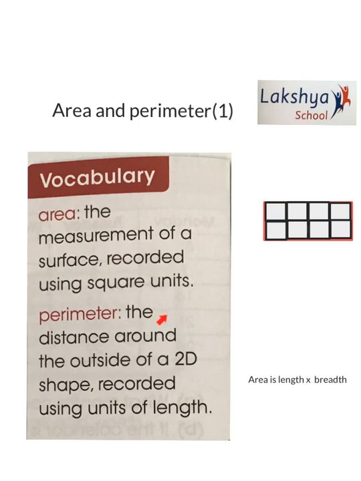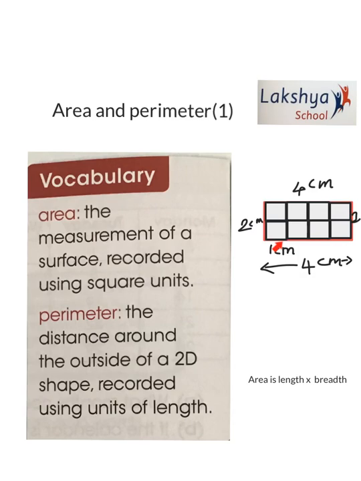Perimeter. The distance around the outside of a 2D shape recorded using units of length. Over here, perimeter is the distance around the shape, which is a rectangle. We know that 1 square is 1 centimeter over here.